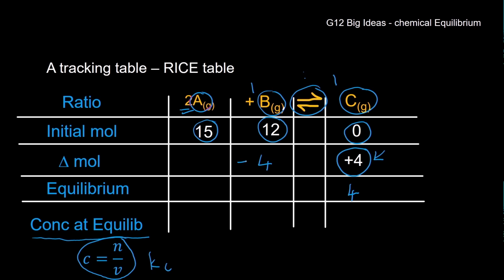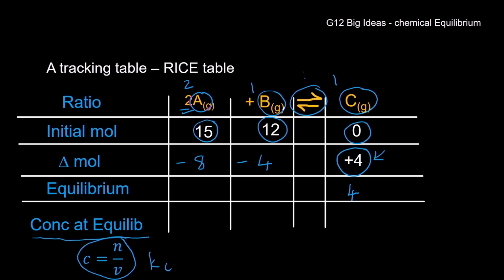We put a minus there because it's used up. For the ratio of A to C, you can see that's going to be 2 is to 1. So if 4 mole of C is formed, then 8 mole of A is going to be used up. So you can see there that we're getting further and further into our calculation.